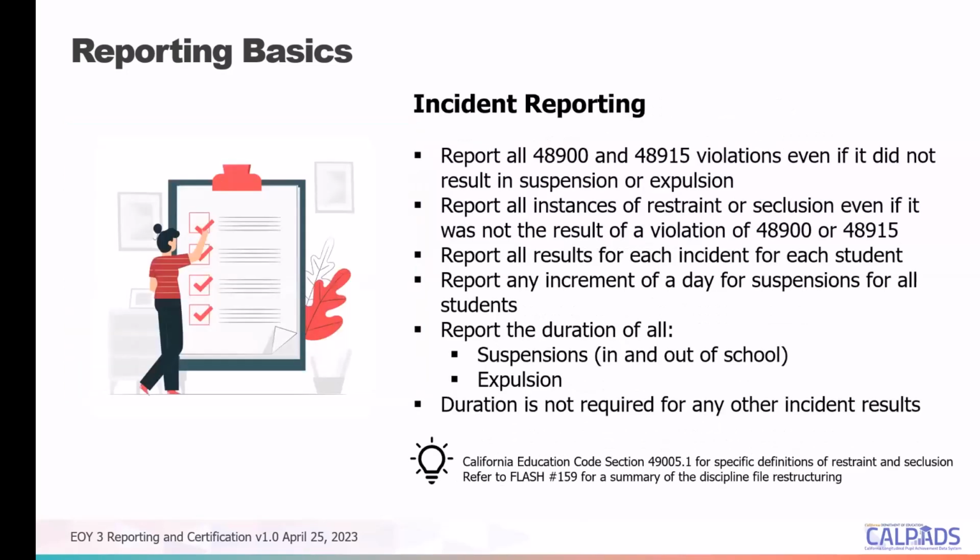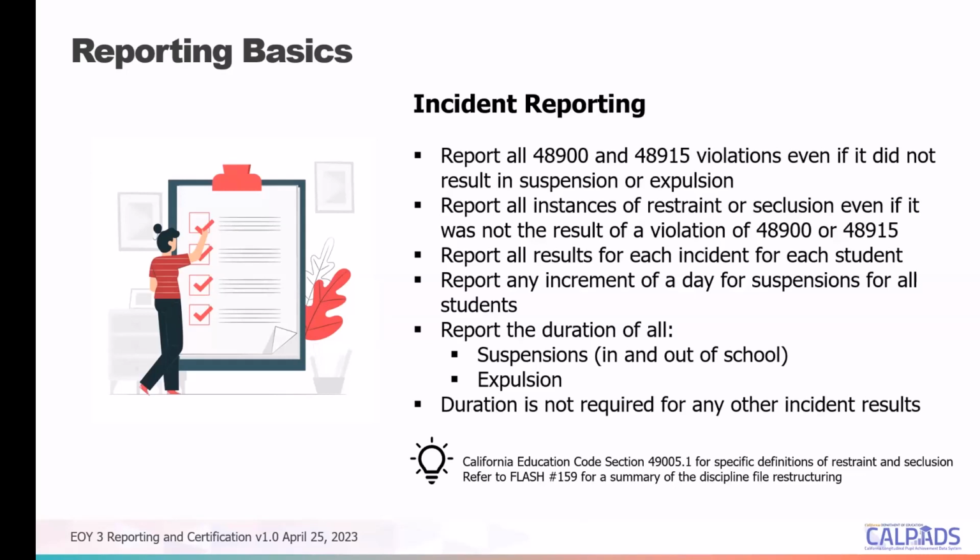When you're thinking about incident reporting, what guides us is Education Code 48900 and 48915. 48900, when you read it, it really identifies the offenses that a student can commit that are suspendable. And then 48915 shows you the authorizations for expelling a student.